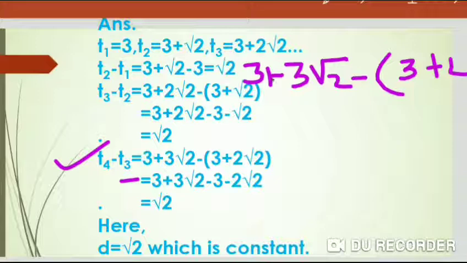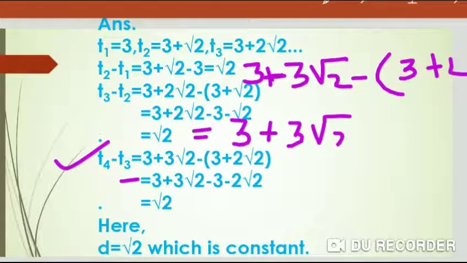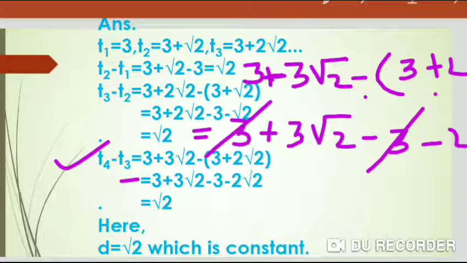Now again we solve this bracket. We can write 3 plus 3 root 2 minus 3. Now see, minus times plus becomes minus 2 root 2. Again, minus 3 plus 3 gets cancelled.